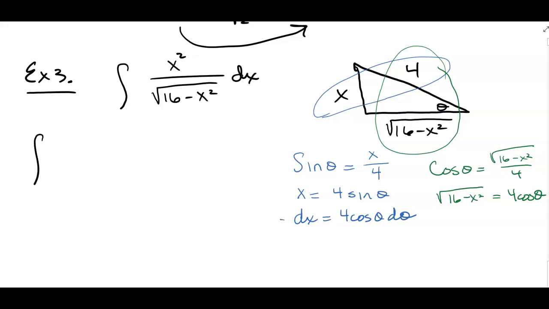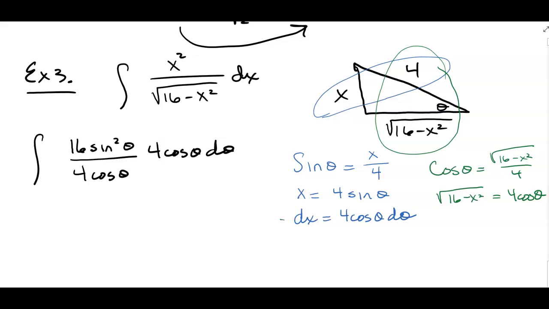If x is 4 sine theta, x squared is simply going to be 16 sine squared theta. The radical 16 minus x squared is 4 cosine theta, and my dx is 4 cosine theta d theta.